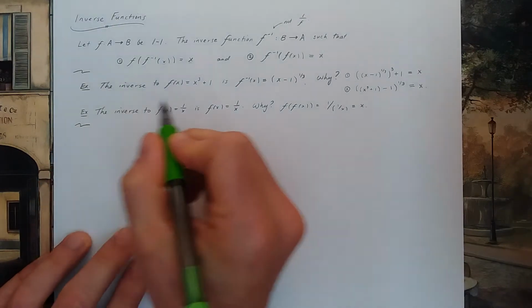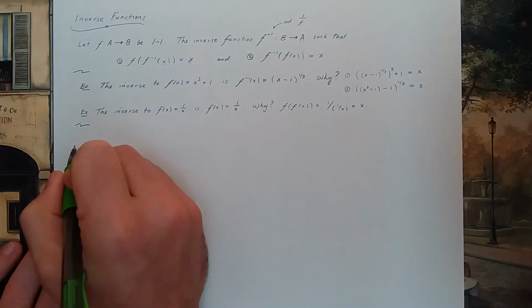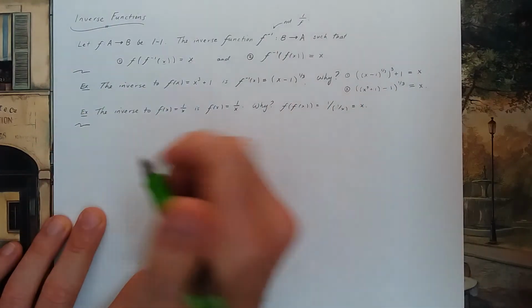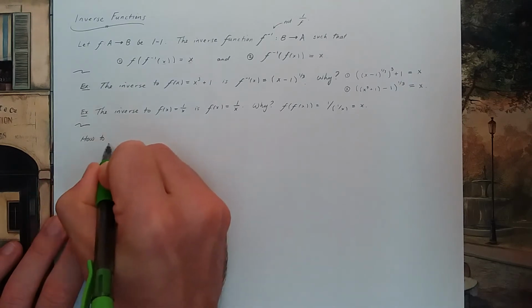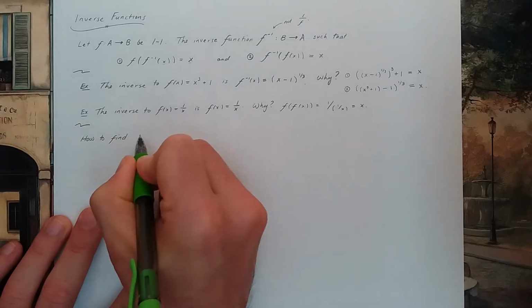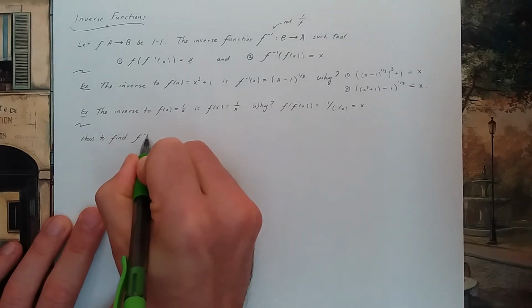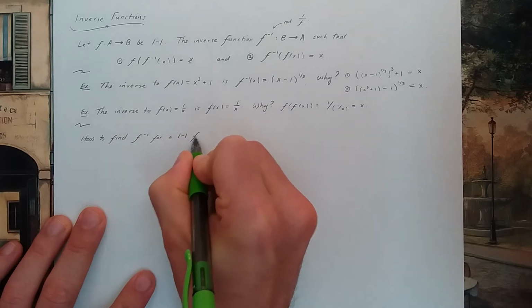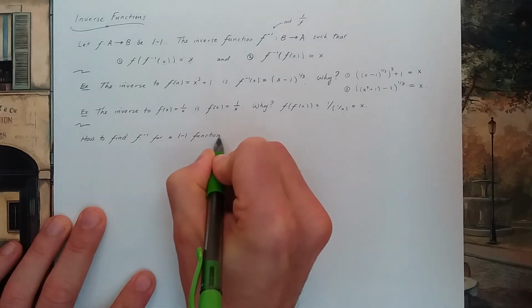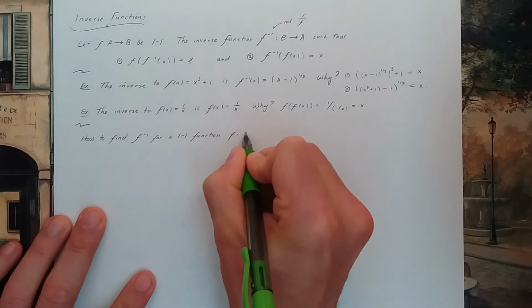Let's write down a step-by-step guide on how to find these inverse functions. So here is how to find f inverse for a one-to-one function f. So it's a 3-step process.